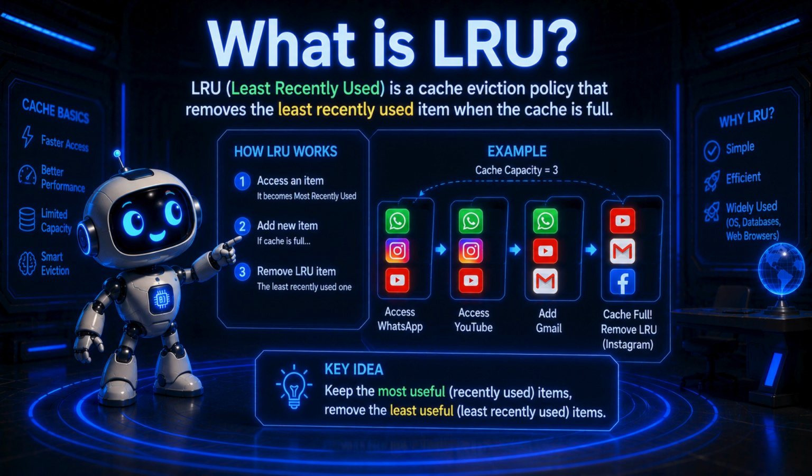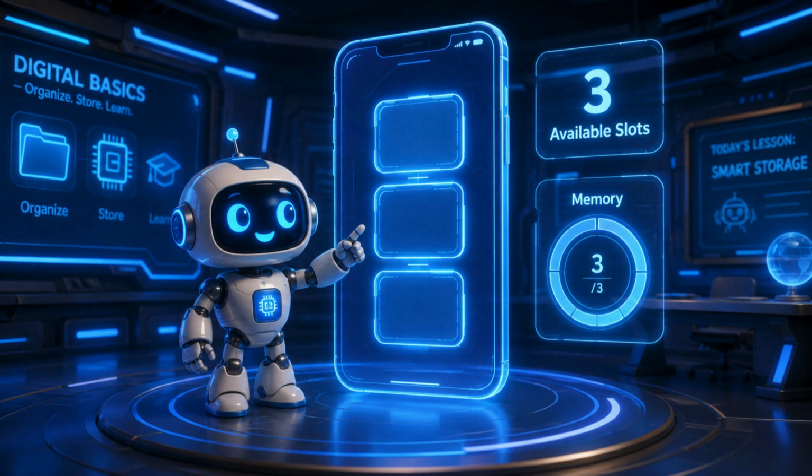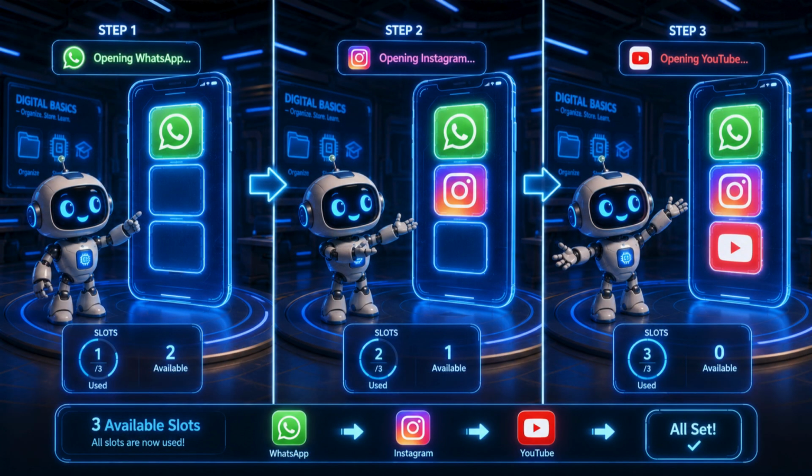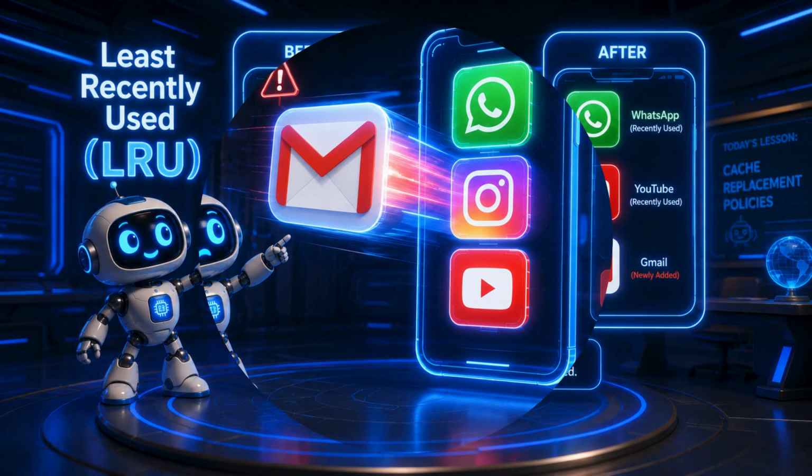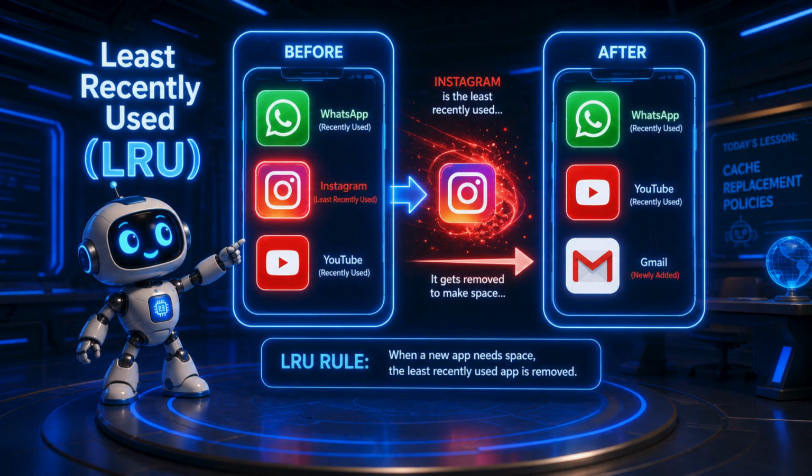What is LRU? LRU means least recently used. For example, everyone nowadays has a mobile phone. Your mobile has space for only three recently opened apps. For example, if you opened Instagram, WhatsApp and YouTube, and now you are going to open Gmail, then the mobile will remove the app you used long back.